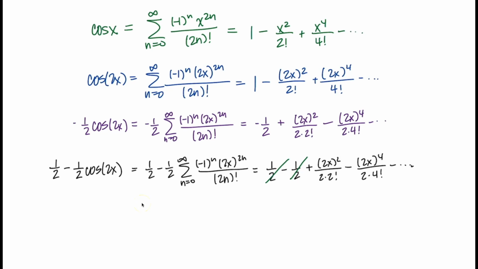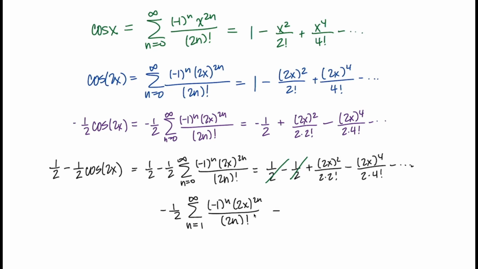So our final sum is going to look like this: -1/2, the sum of n equals 1 to infinity of -1 to the n, quantity 2x to the 2n over quantity 2n factorial. So the 1/2 canceled with the first term generated by n equals 0. So we still have the -1/2 in front, and we're starting at n equals 1. So we can pull this -1/2 inside.